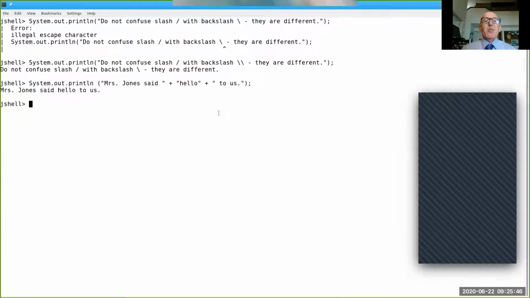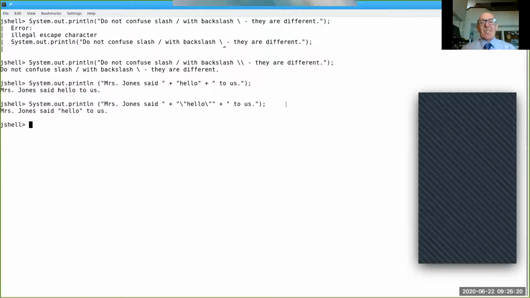Remember, these quote marks here are not inside of a string. They form the string. So I still don't get what I want. Oh, this is ugly. The only way to get a double quote emitted as your output is to backslash escape it.